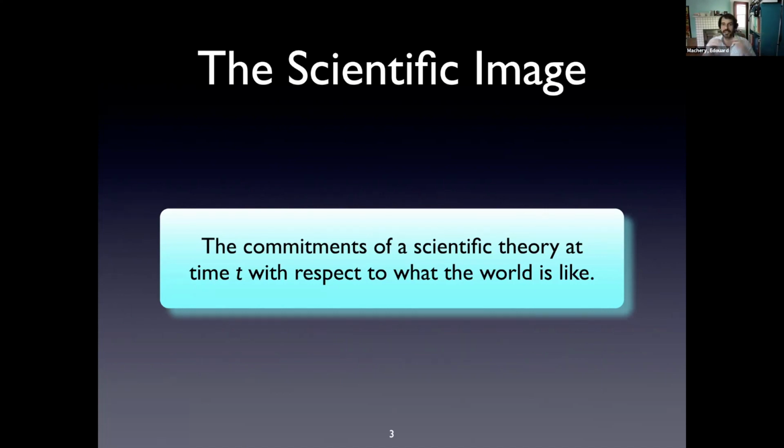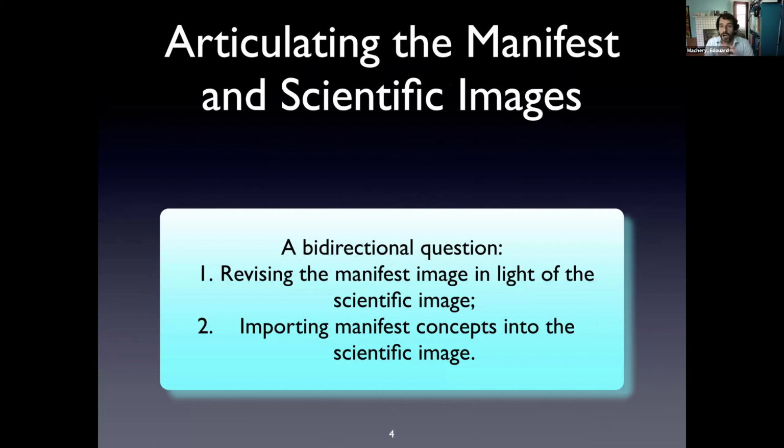I will bracket such concerns, and I will assume that the notions of a manifest image and a scientific image are useful notions, or useful metaphors at least. If that's the case, then there is a question about how these two images can be articulated, how they can be made to fit with one another.